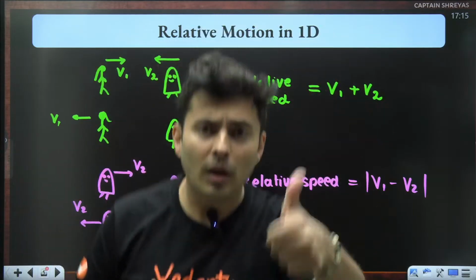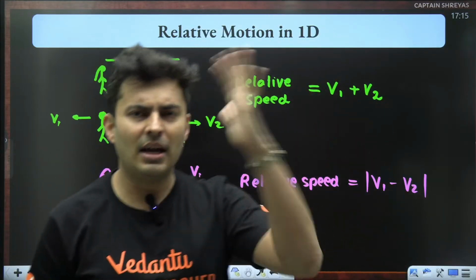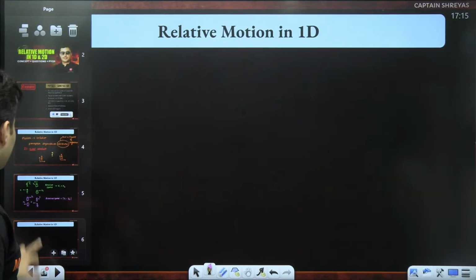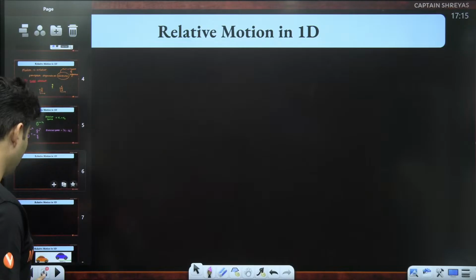Is there a rule of thumb which always works, sir? I get confused with this also. No issues. I will tell you the rule of thumb, the basic rule for relative 1D motion.